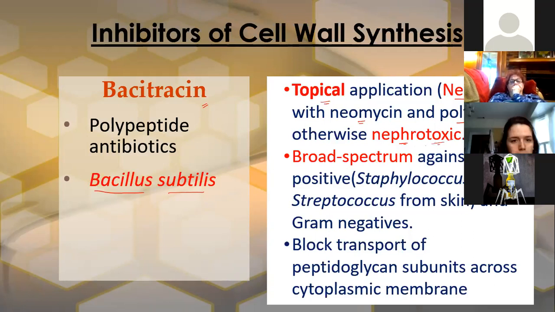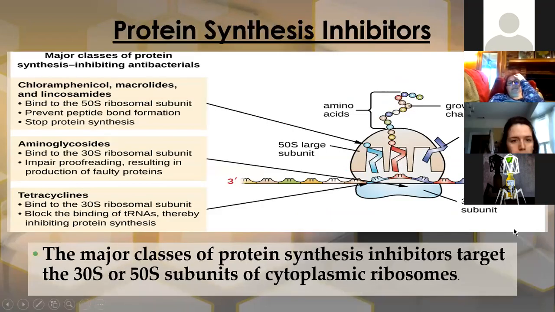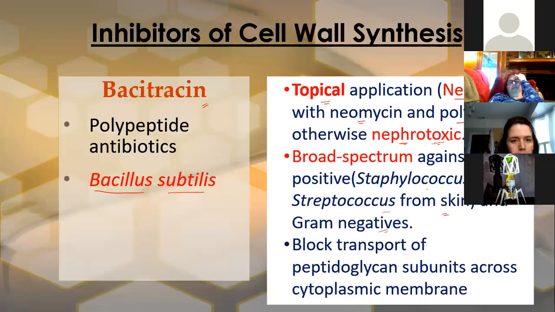It is broad spectrum against gram-positive bacteria, Staphylococcus and Streptococcus for the skin, and a few gram-negative bacteria. It blocks transport of peptidoglycan subunits across the membrane, so it does not allow that protein to move from outside to inside or inside to outside. So all of these up to bacitracin worked on cell wall synthesis.